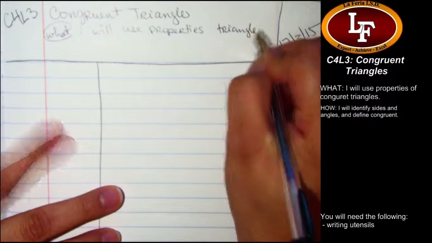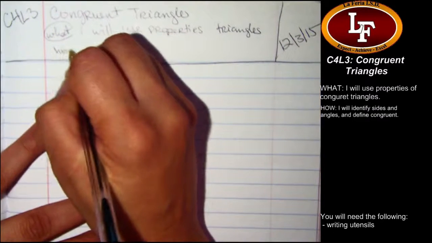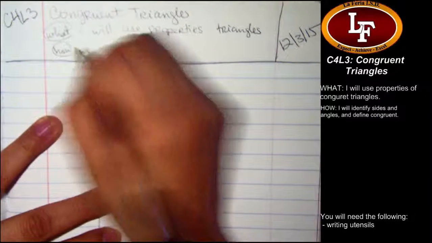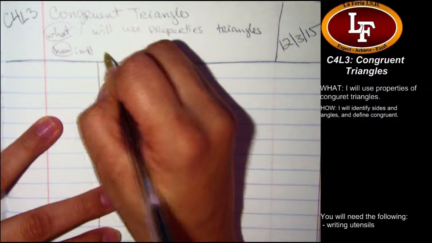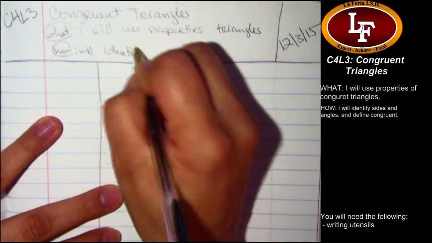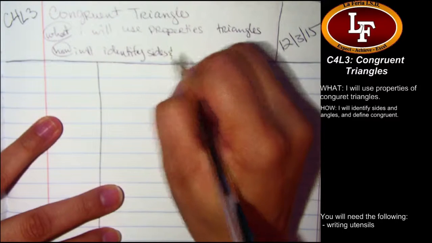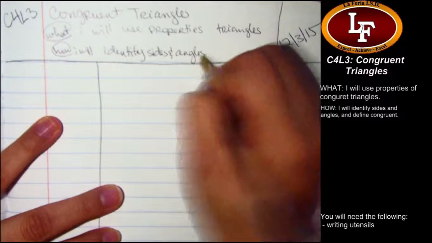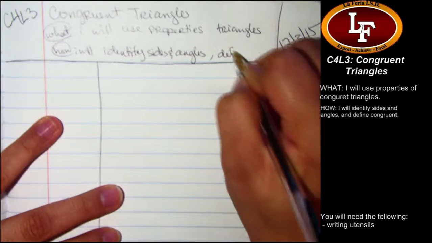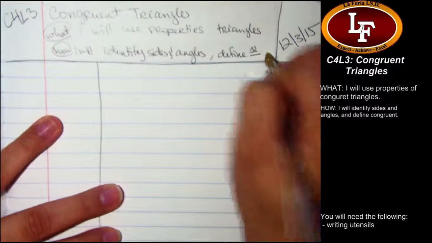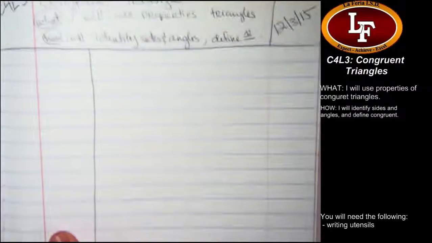And in order to do that, we've got to be able to identify the different sides of the triangles, the different angles in their triangles, as well as be up on our definition of the word congruent.